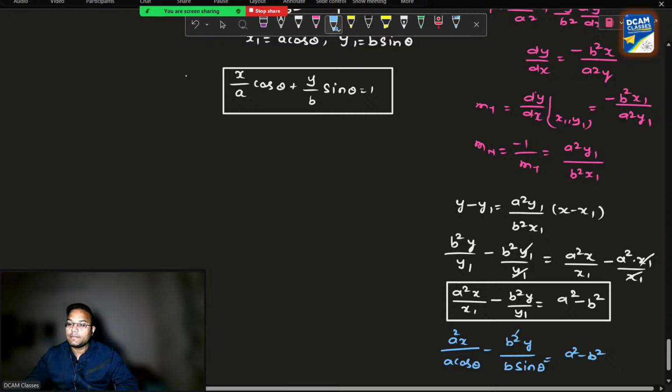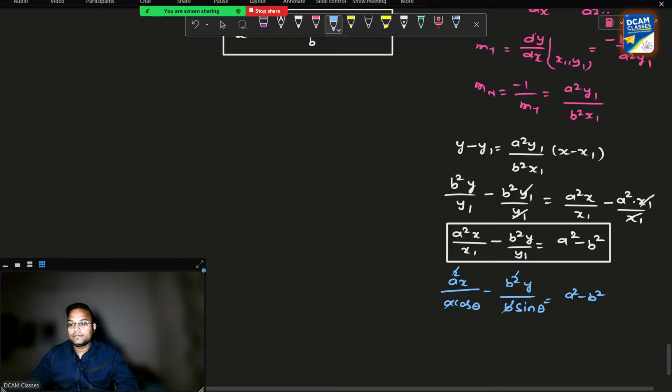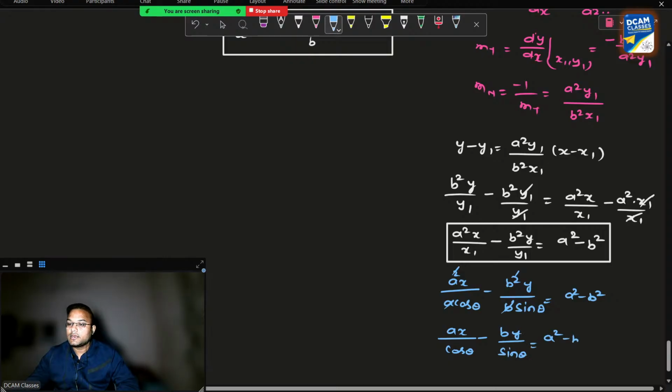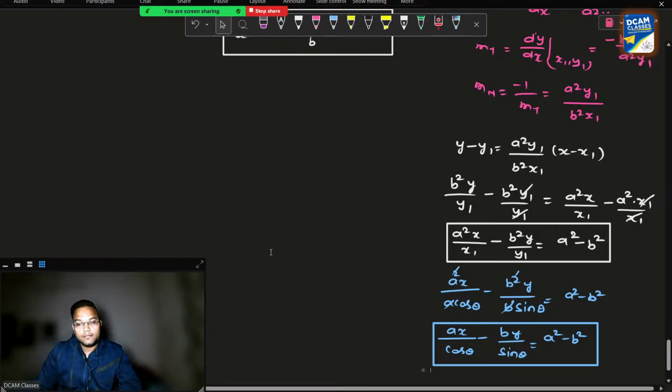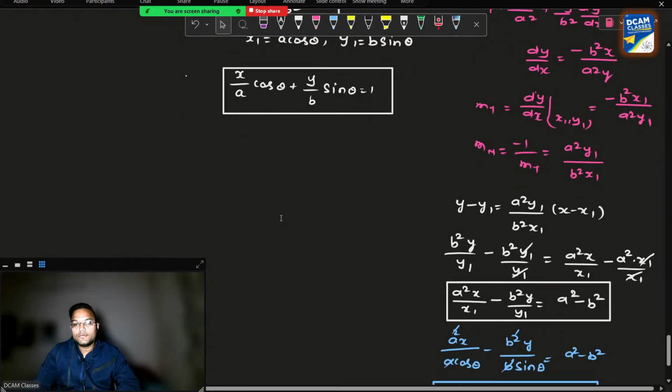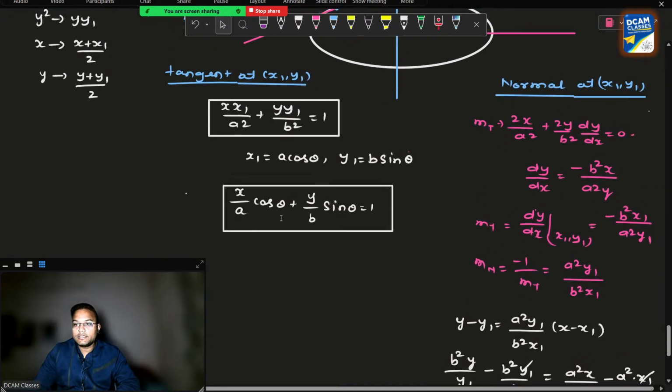So it will further simplify, a will get cancelled. So it will become ax by cos theta minus by by sin theta is equal to a square minus b square. These two you should remember. It will be easy for you. I've told you how to get it. Okay, clear? These are the equations of normals. Those are the equations of tangent.